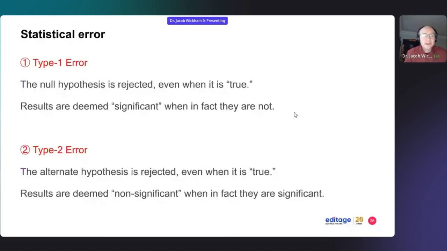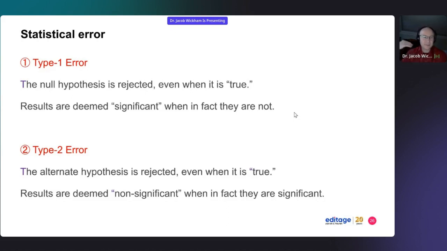I just wanted to briefly talk about statistical error. Type 1 error is when you're rejecting the null hypothesis, however there really is no difference. So you're deeming the results significant when in fact they are not. And then type 2 error is when you reject the alternative hypothesis even when it is true.